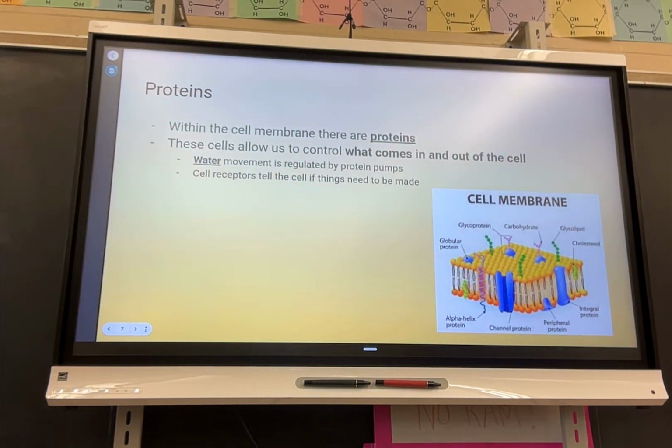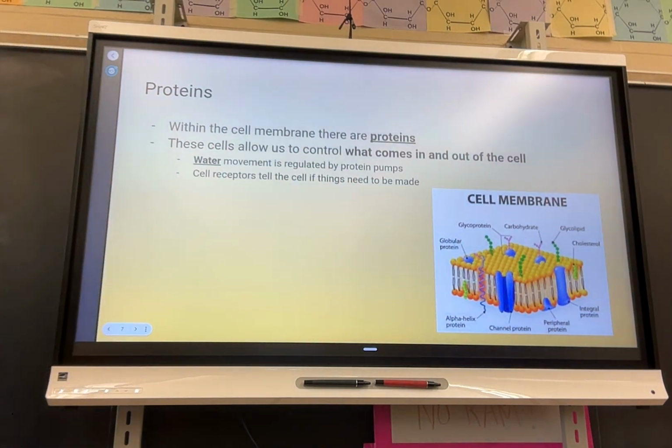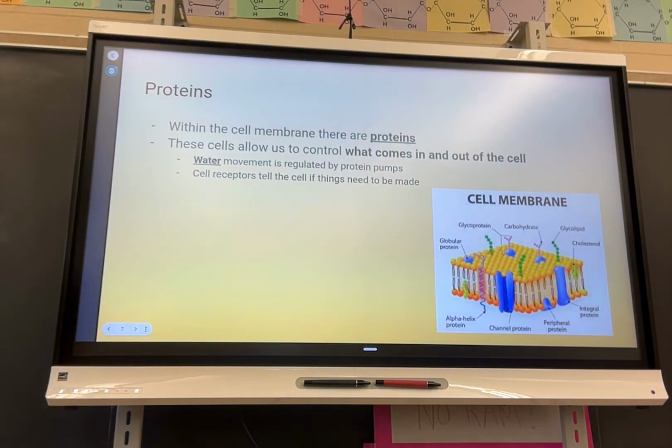They're going to be like elevators and like security guards. They're going to say, okay, this molecule can come in, this molecule can go out. So for example, water is regulated through a protein pump. It's going to go through a specific channel that allows it to get into and out of the cell.